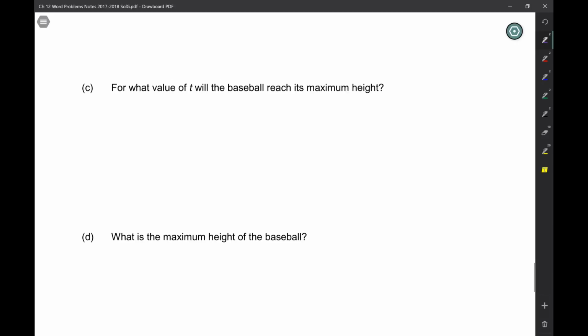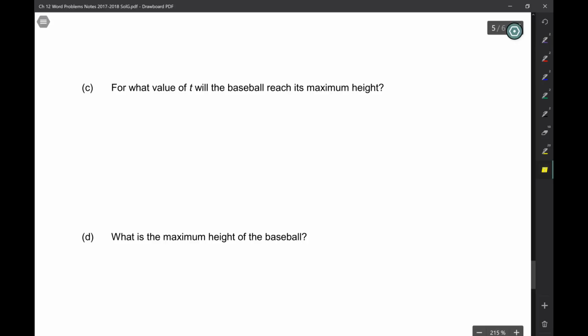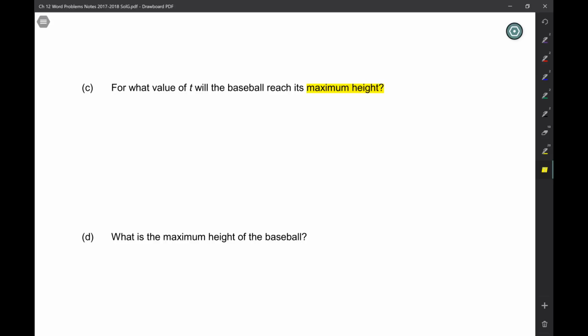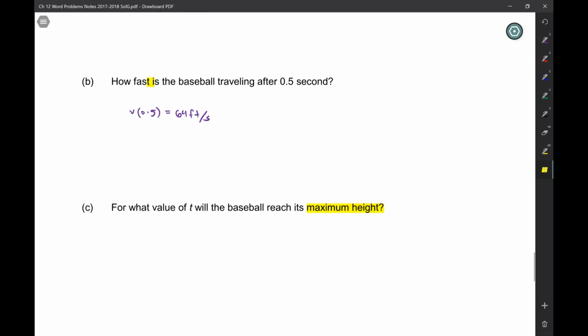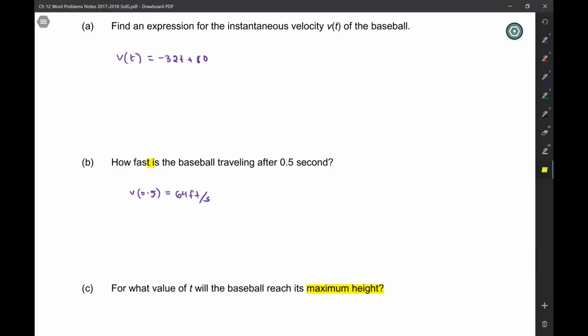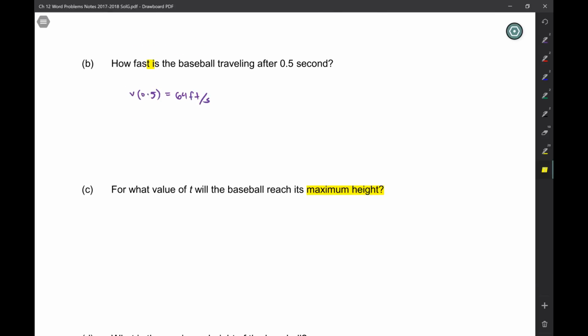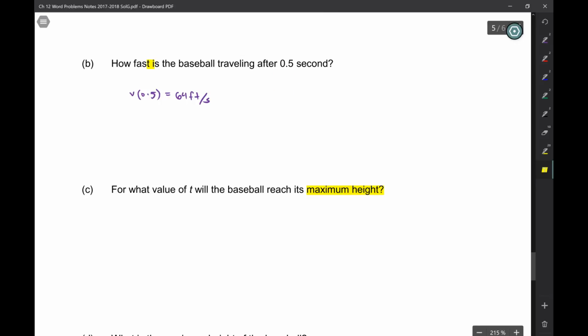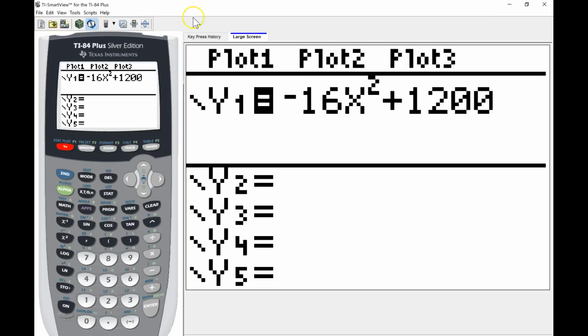For what value of t will the baseball reach its maximum height? So here we're talking about maximum height. What is the height function? When will that be a maximum? At its vertex. So let's graph that one.